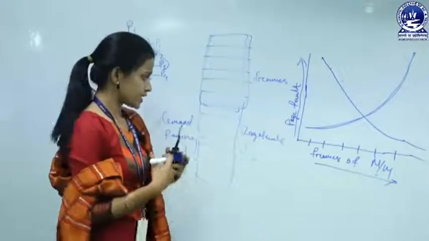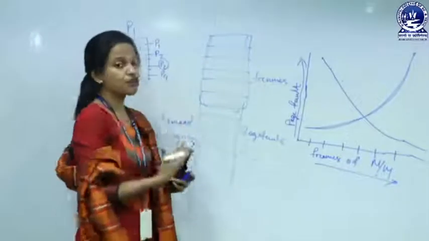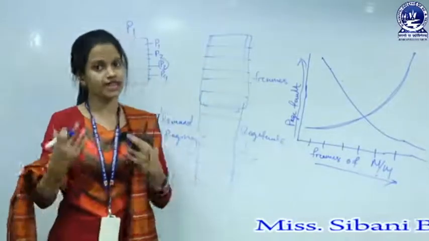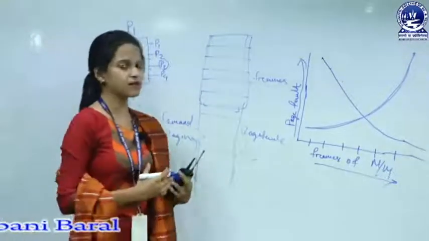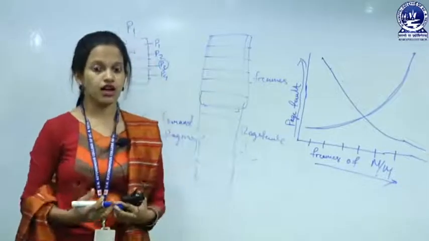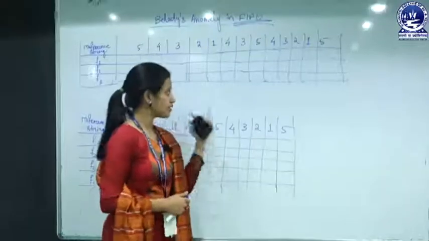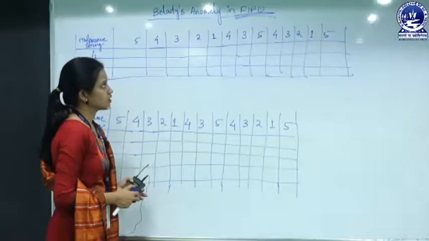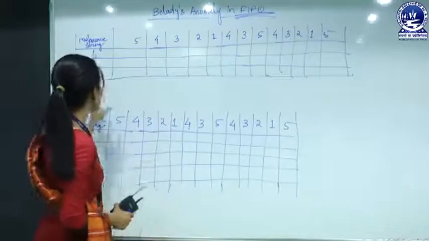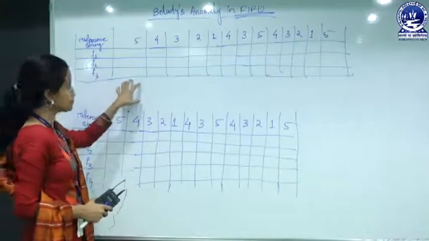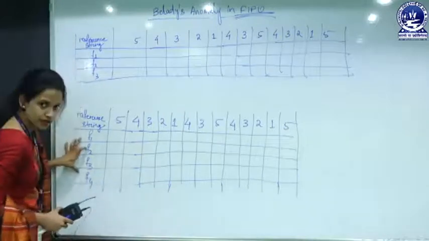Okay. So let us see how the Belady anomaly occurs in the FIFO page replacement algorithm. I will take examples, and by that FIFO page replacement algorithm, we will check how the page fault is increased. I have taken 2 examples here. In the first example we have taken 3 frames, and in the second example we have taken 4 frames.